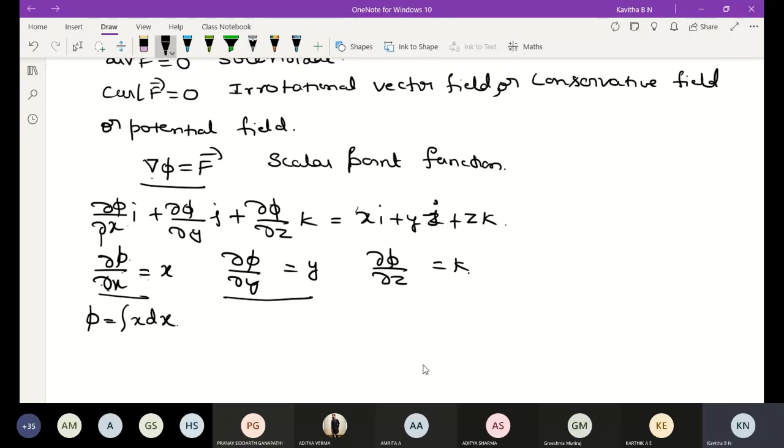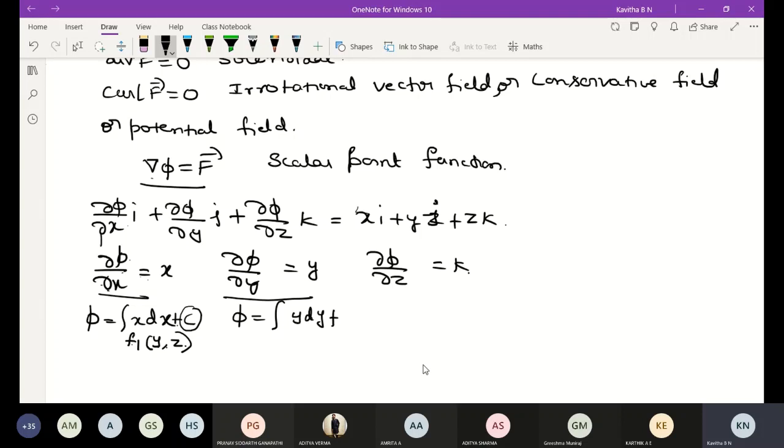Come to the second term. Del phi by del y is equal to y, partially differentiating with respect to y. Means phi is equal to integrating with respect to y, y dy, plus, observe here, I am adding a constant. In place of c, I am adding f1. Integrating with respect to x means y and z are constant terms. So in place of c I am writing f1 of y comma z.